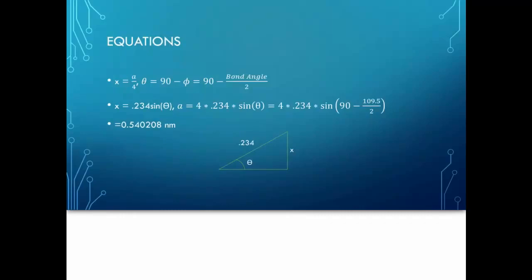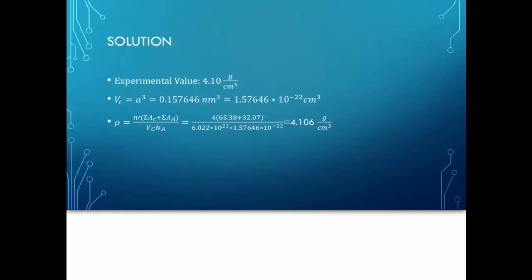So using trigonometry, we can find that x equals 0.234 times the sine of theta, and from that we can say that a equals 4 times 0.234 times the sine of theta, which ends up being 0.540208 nanometers.